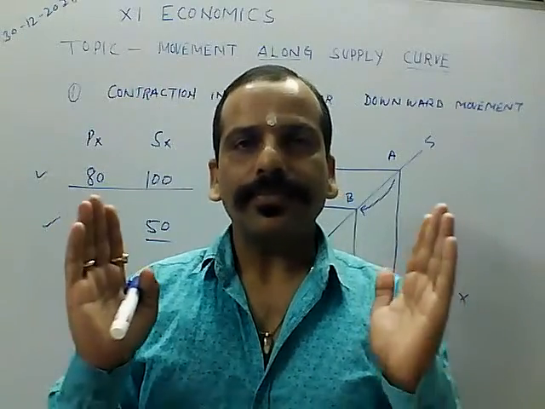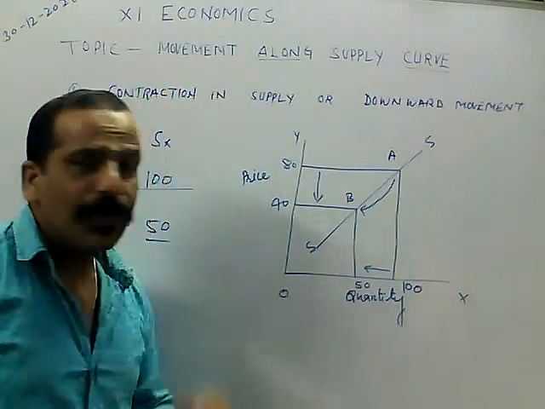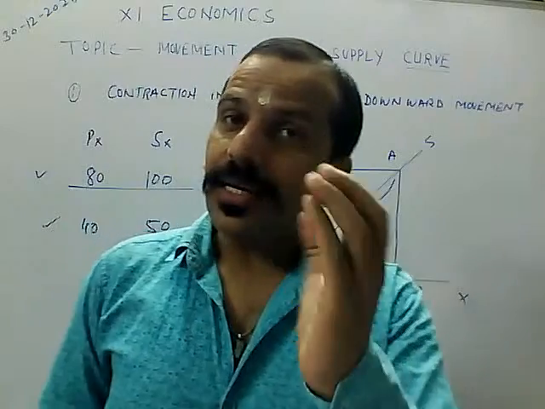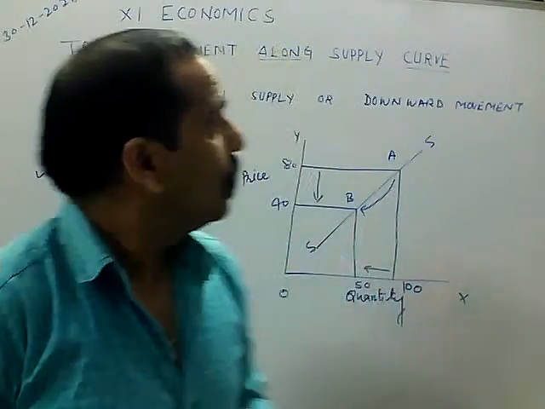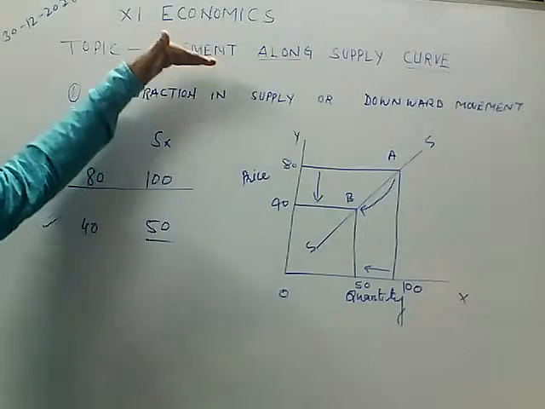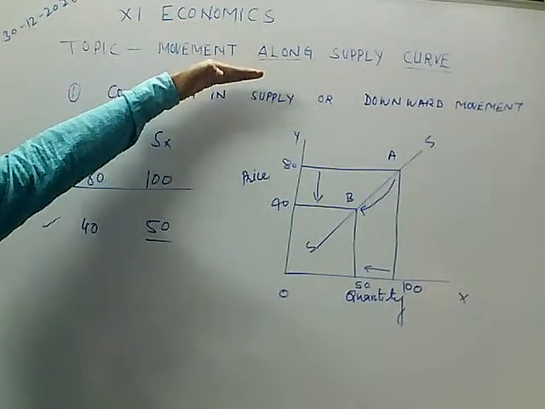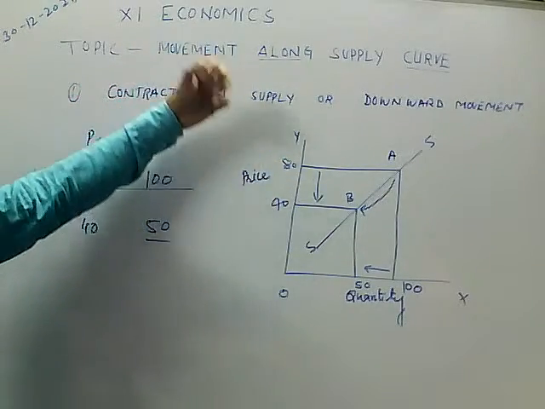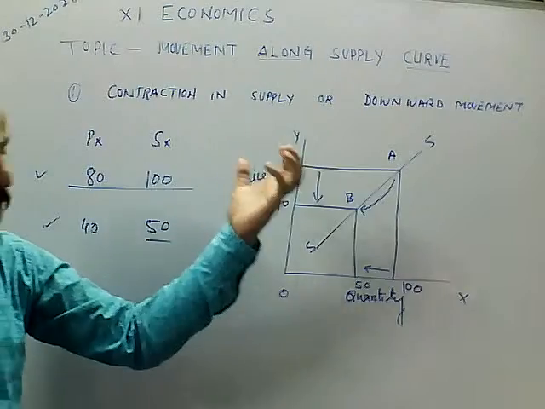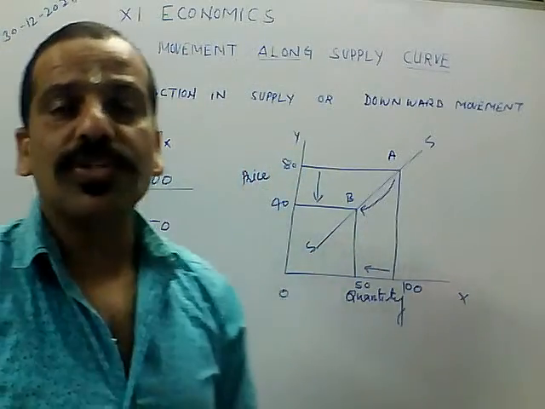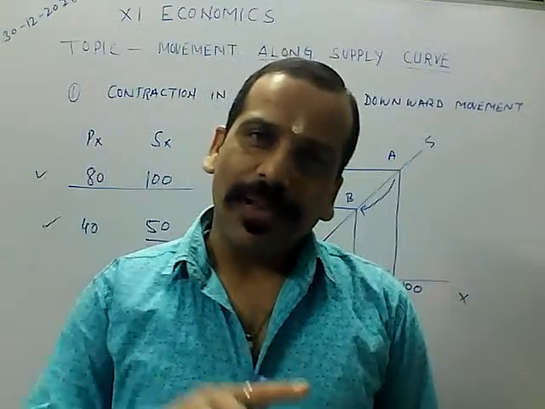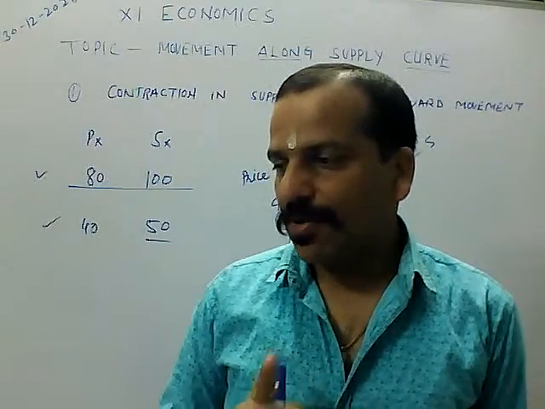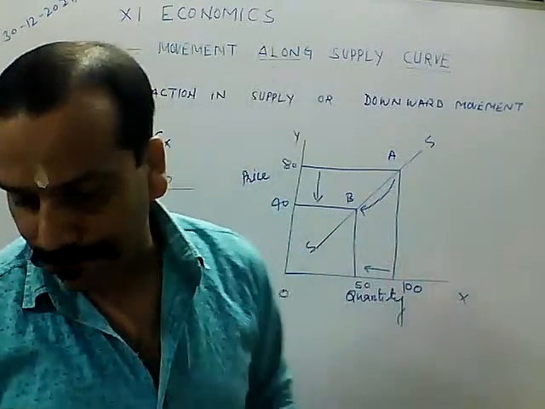So there is a positive and direct relationship between price and quantity supplied. Keep that in mind, it will help you here in this movement along supply curve. So there is a positive or direct relationship between supply and price of the commodity.